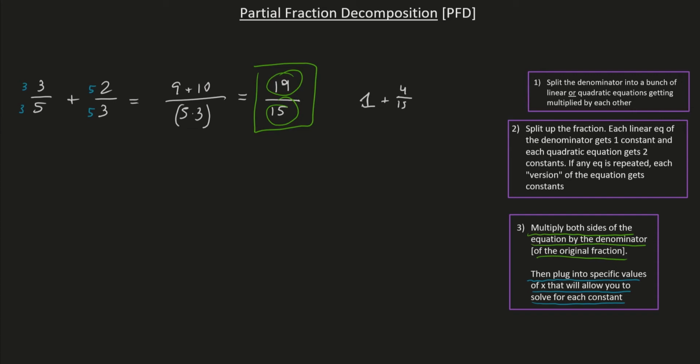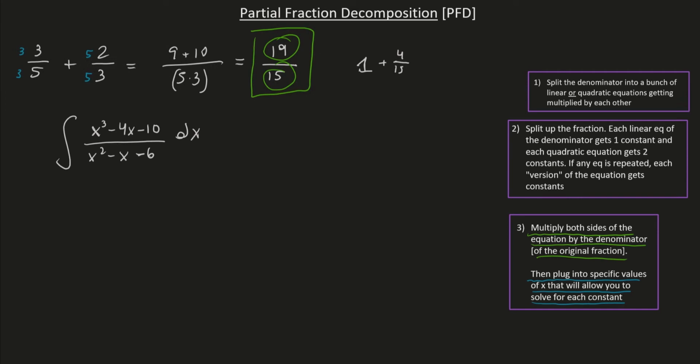Well, we have the same idea going on here, too. You may be faced with a partial fraction decomposition problem in which the numerator is bigger than the denominator. How do I know that? You can tell because the highest power of the numerator is bigger than the highest power of the denominator.